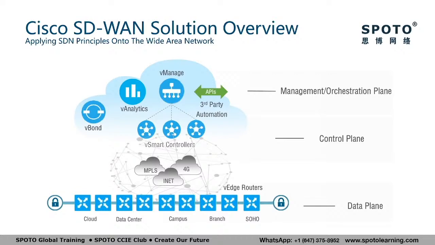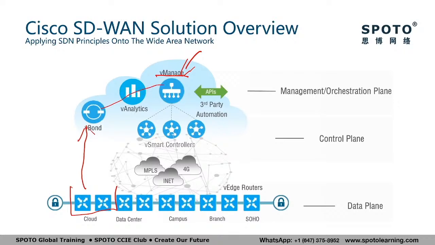So after we have discussed these components for the SD-WAN solution, here is the overview. For the network engineer or administrator, the vManage is the user interface, the graphic user interface. The policies, configuration, and authentication are all stored here through the GUI. And when the vEdge is onboarding, it talks to the vBond first.